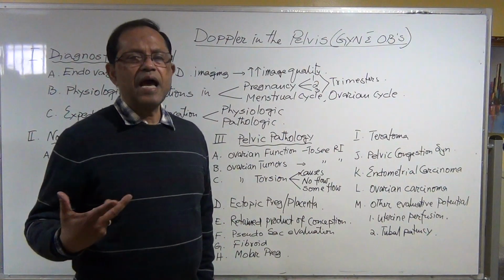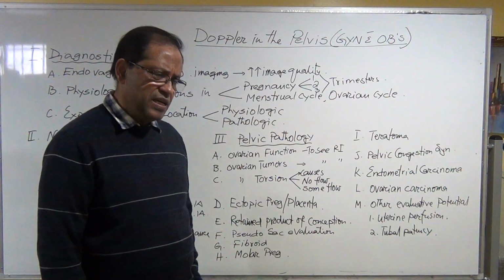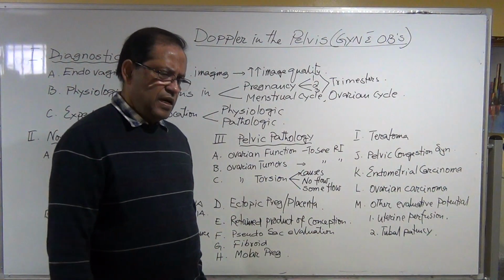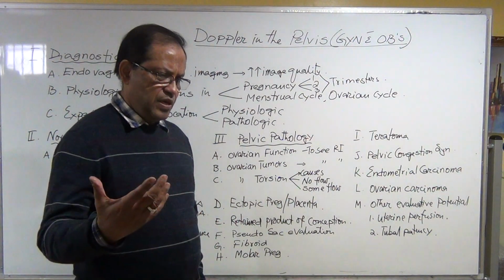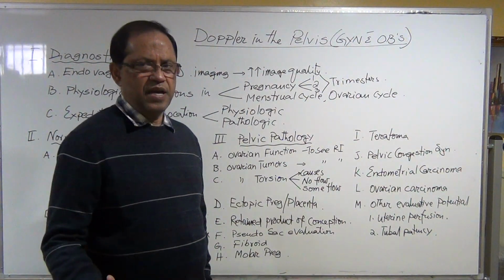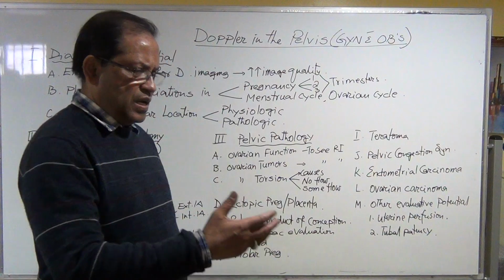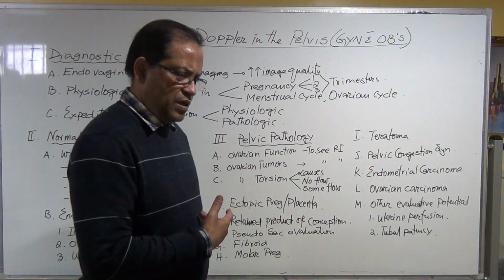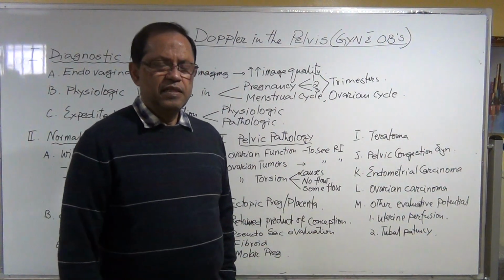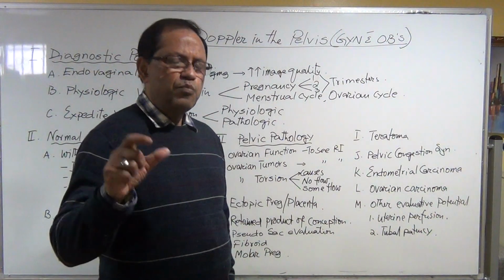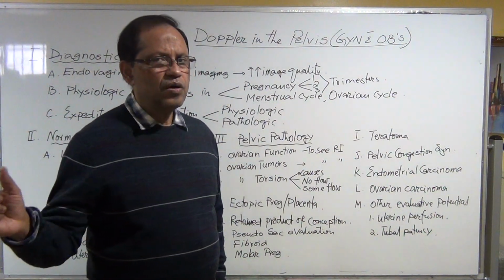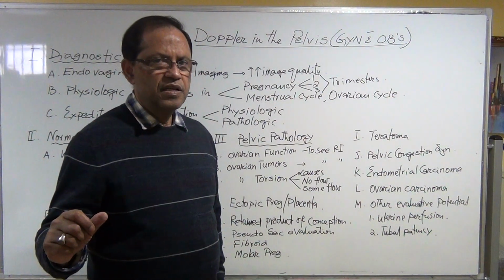So normally, during the non-pregnant time, in the menstrual cycle, there are three phases: menstrual phase, proliferative phase, and secretory phase.